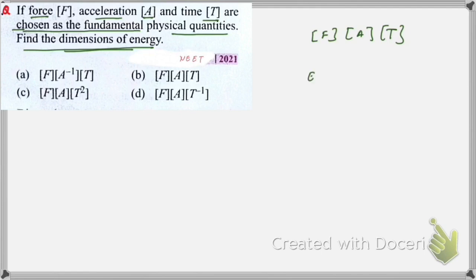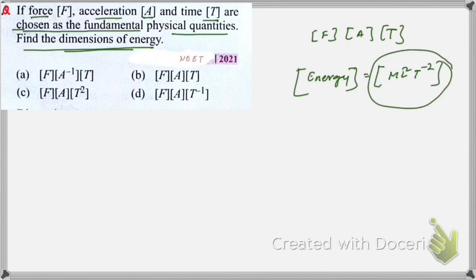We know that the dimensional formula of energy is M L square T to the power minus 2. But we have to express this dimensional formula in terms of F, A and T instead of M, L, T. So how to do that?